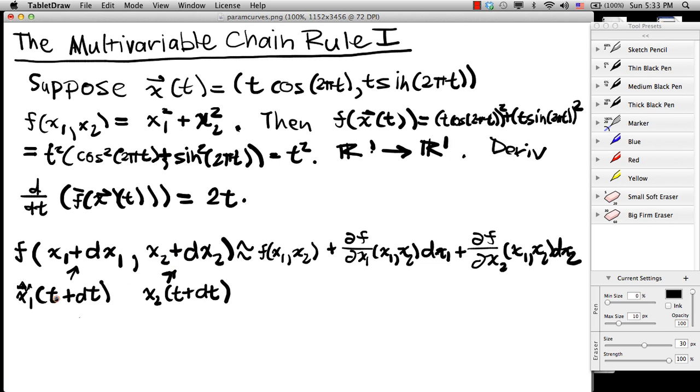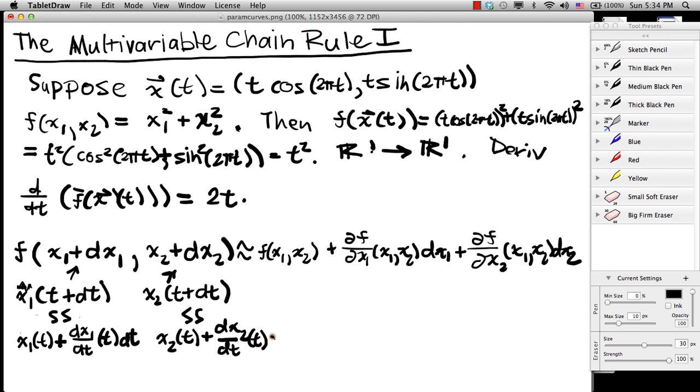And what happens when we have a single variable function that we're changing by x1? Well, this is well approximated by x1 of t plus dx1 dt at t times my differential of t. And similarly, this is well approximated by x2 of t plus dx2 dt evaluated at t dt.